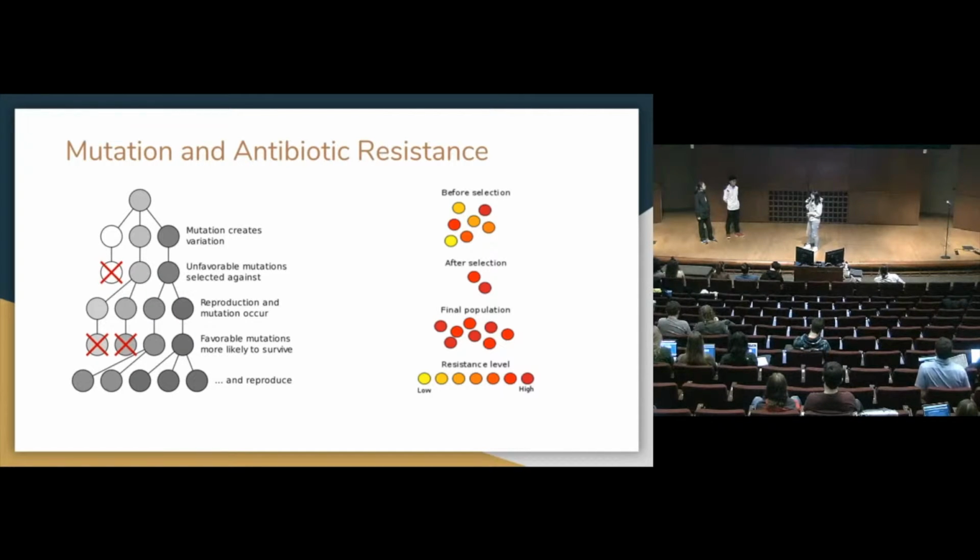For example, if the bacteria have different pigments, then after the mutation happens, those bacteria with red pigments will be favored and passed to the offspring, and the other colors will be selected against and will not be passed to the offspring. Eventually, in the final population, the bacteria will basically just have the red pigment, which also means bacteria with red pigment will have higher resistance levels than those with other colors.